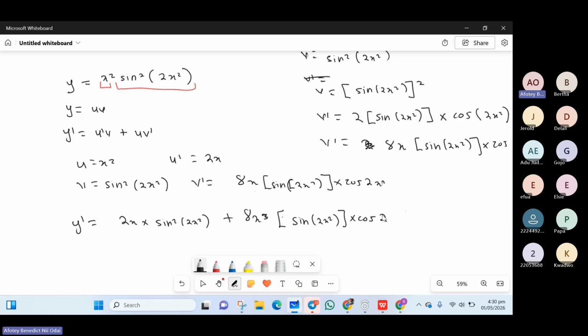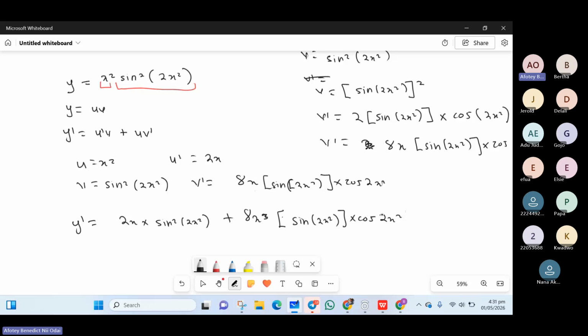So this becomes our final answer. Once we break this down into simpler functions, it becomes much easier to solve. If we jumped into this function, solving the product along with the composite together, we would probably get something more messy. So as much as possible, try and break your function down.